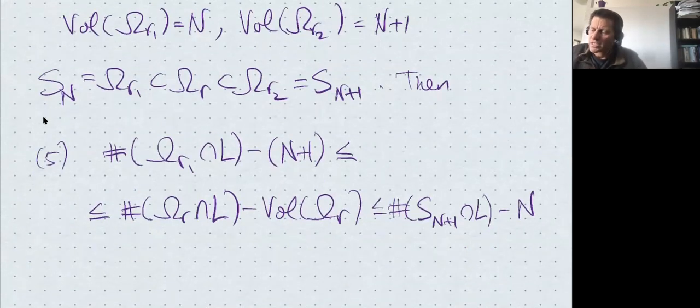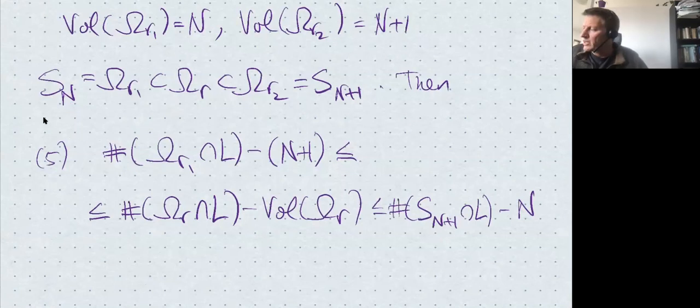So what I'm doing is sandwiching this quantity, which is the quantity that I want to say is small, by the corresponding quantities for the set Sn with the approximation corresponding to n plus 1. And here's the set Sn plus 1 with the approximation corresponding to n.